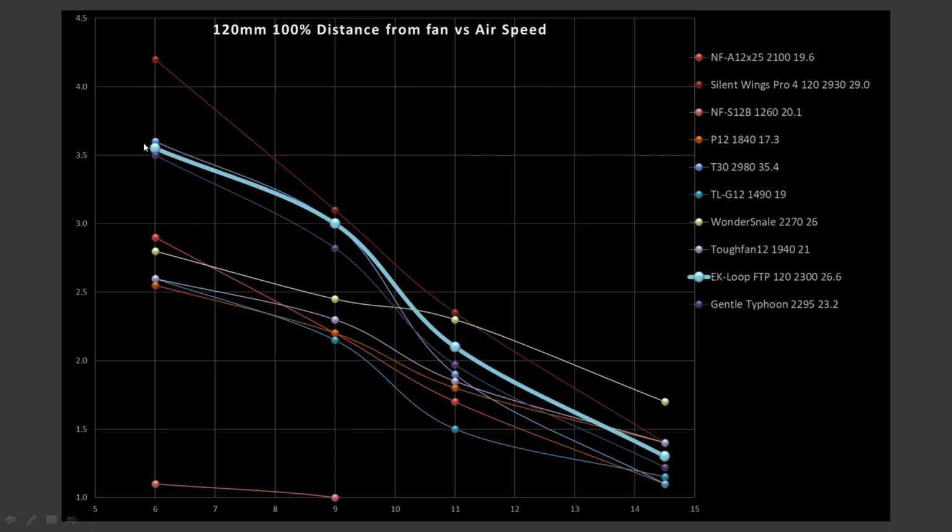And the NF-A12X25 is sitting right here. And just for kicks and giggles, there's the S12B sitting almost completely off the graph. So we have a couple groupings in here: good fans, better fans, best fans, and the EK is sitting in a very good position, showing that it's very good at actually case airflow.